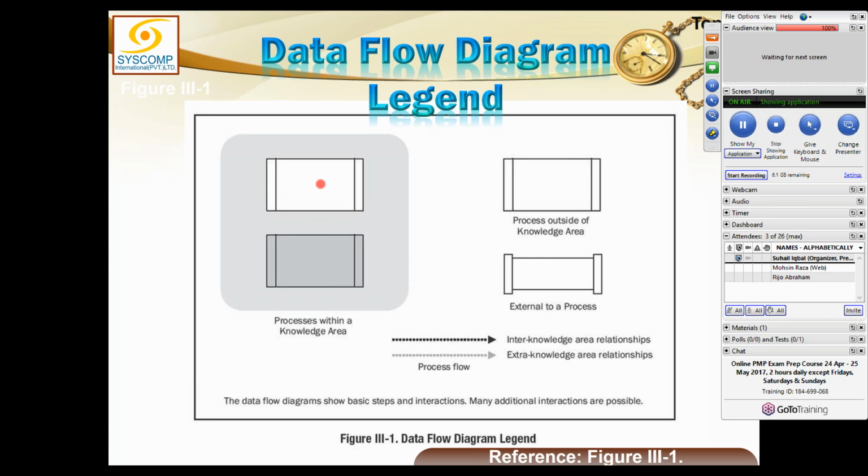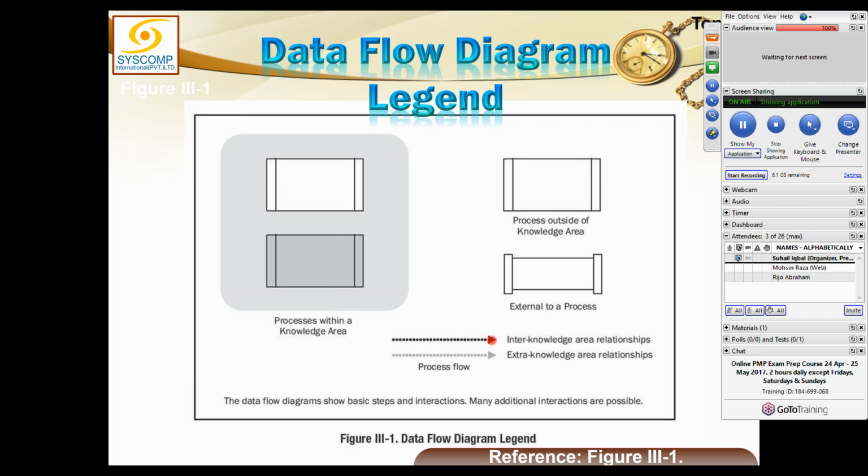The white box is the process of the same knowledge area, but which takes input or output from the process under discussion. And the white box outside the background gray box is from another knowledge area interacting with the process under discussion. These boxes are external entities which are giving something or getting something from the process under question.